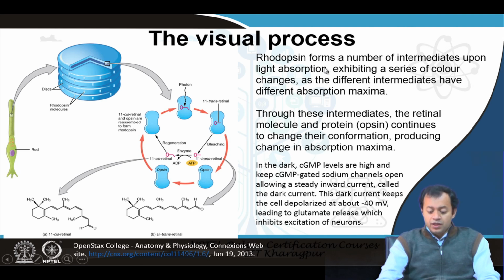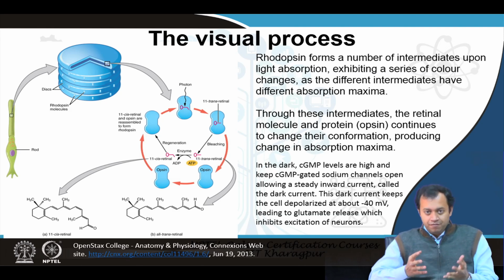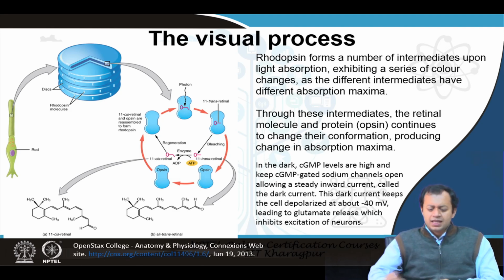Okay. Now, obviously, two things you need to know: there are several intermediates upon light absorption. So, with rhodopsins, when I am talking about the kicking part, one protein kicking another protein, or one pigment kicking another pigment, I have oversimplified things. There are several intermediate pigments: metarhodopsin, then bathorhodopsin, lumirhodopsin.